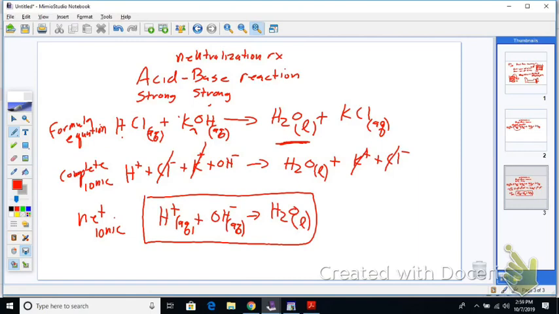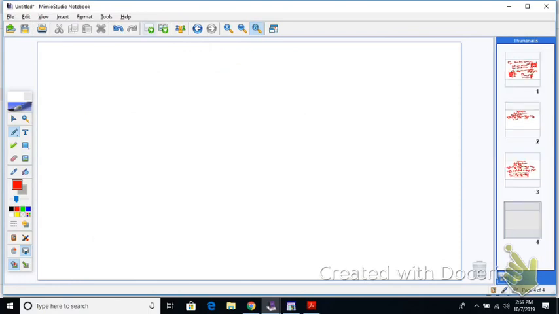Okay? So the second one we would do is a neutralization reaction as well. So you don't have to read the title of this. What we're going to have is a weak acid paired with a strong base. There's a little bit of difference here.